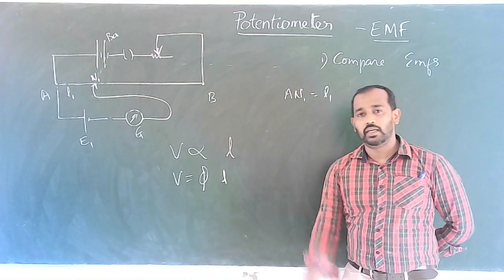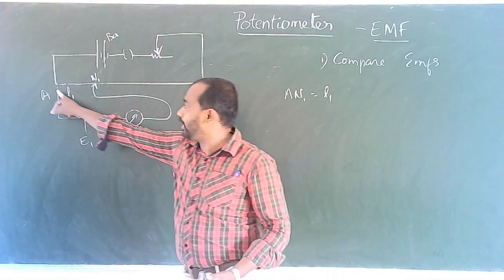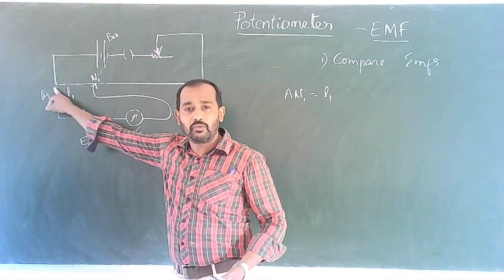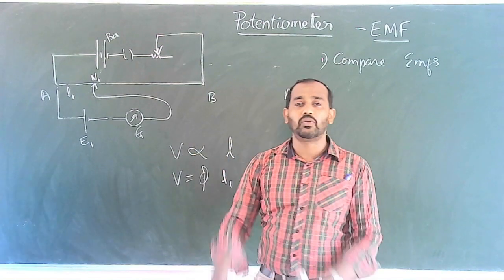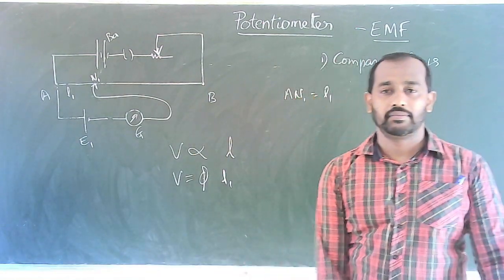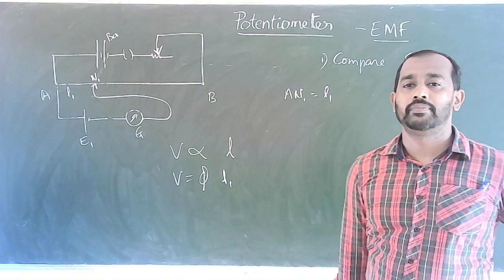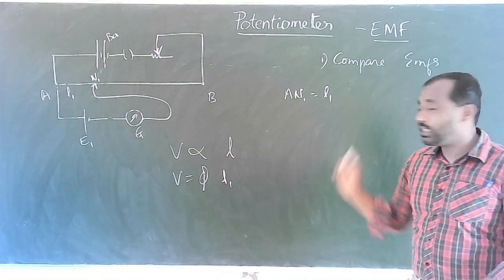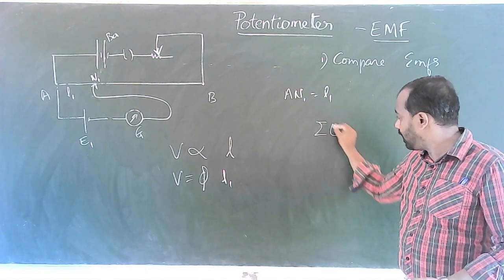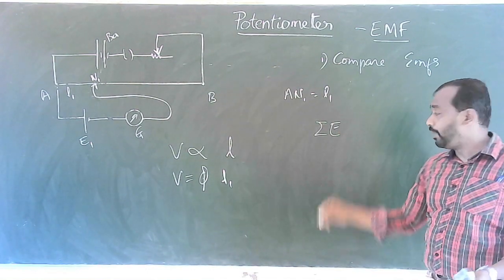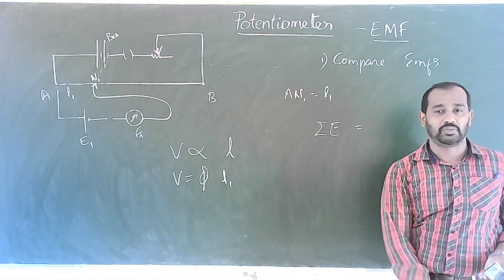So this potential difference, if length is represented as L1, then obviously there is a potential drop over this length and also the EMF. These are the only two things that we can see. Now we are going to apply Kirchhoff's voltage law, according to which the summation of EMFs should be equal to the summation of the IR drops.